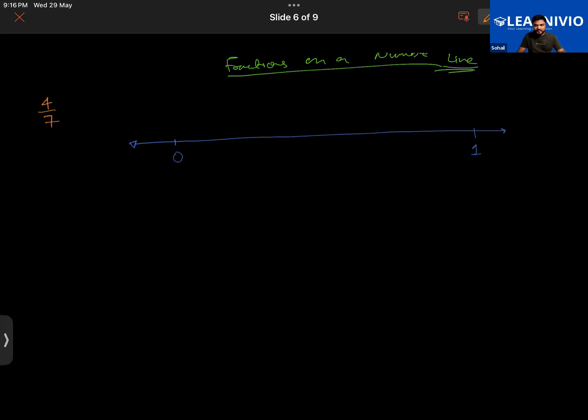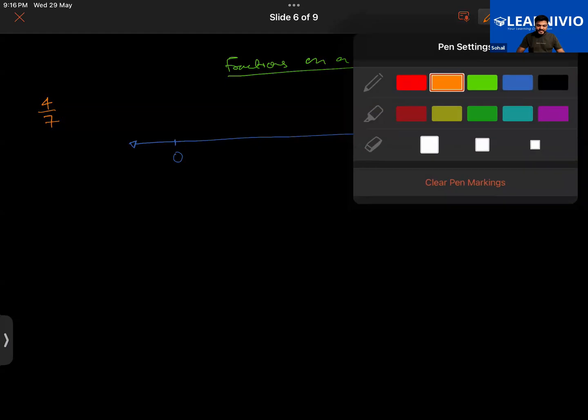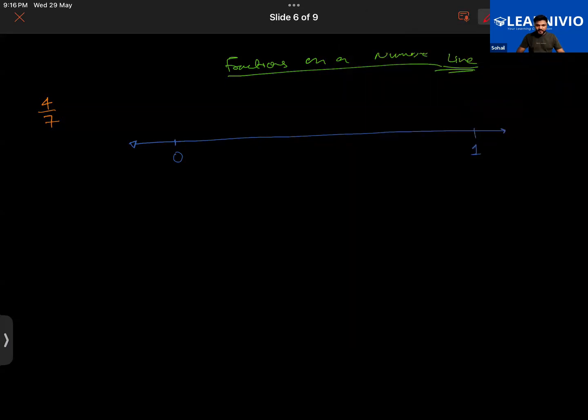First of all, we need to understand where it will lie. It will lie in between which two numbers? That is one thing which you need to know first of all. Between 0 and 1, it will be lying actually.